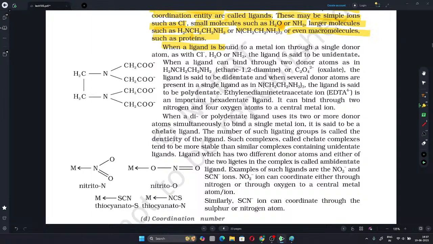When a ligand is bound to a metal ion through a single donor atom, as with Cl minus, H2O, or NH3, the ligand is said to be unidentate.